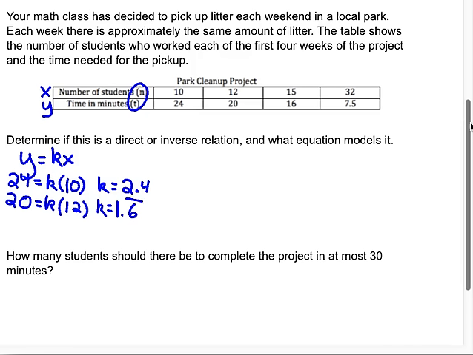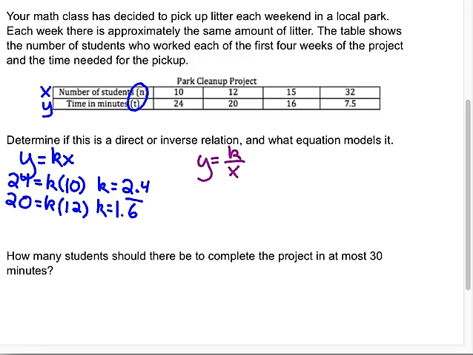So what that's communicating to me is that this can't be a direct variation, because if it were direct, I should be getting a consistent k value. So what that means is we need to try the inverse equation now. All right, so inverse looks like this. Inverse is when you're dividing by the x instead of multiplying by it.